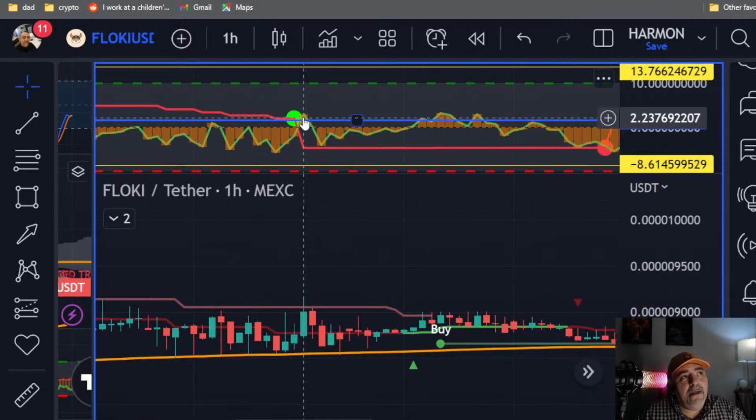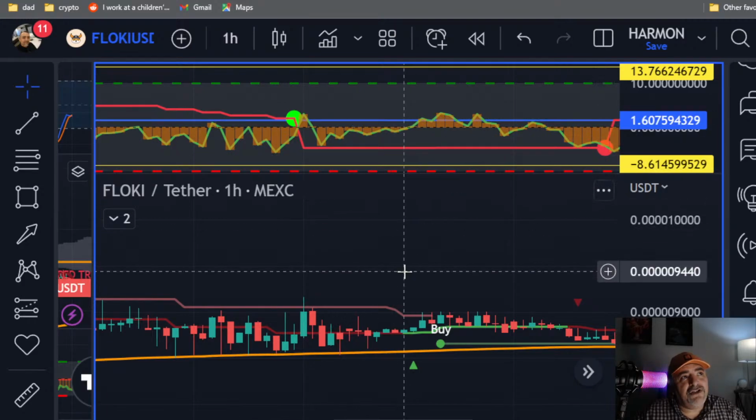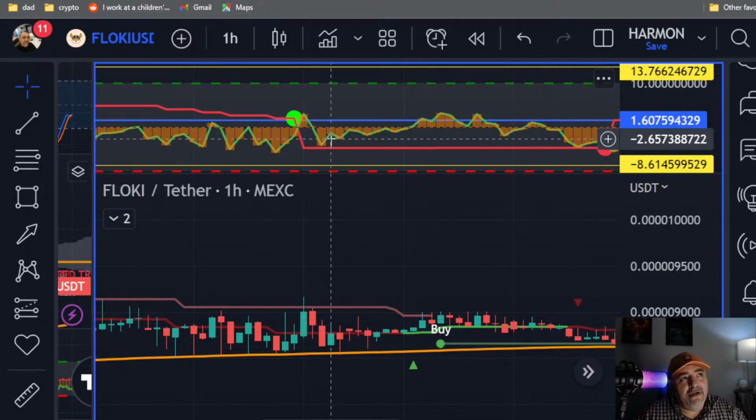All right, now green moon, green trend, and a buy signal. Green moon, look at that low volume, right? It took a long time to get that trend. That's low volume and finally a buy signal.